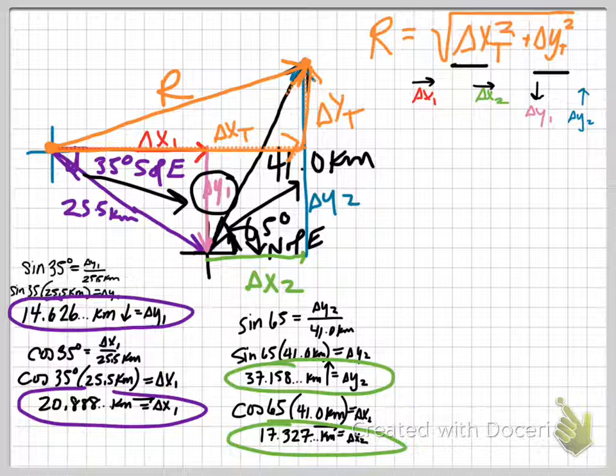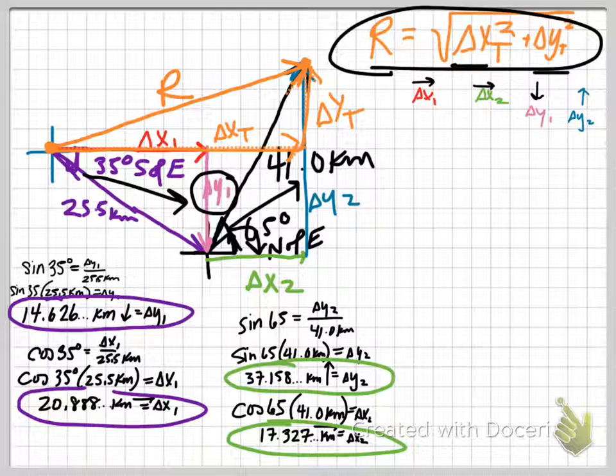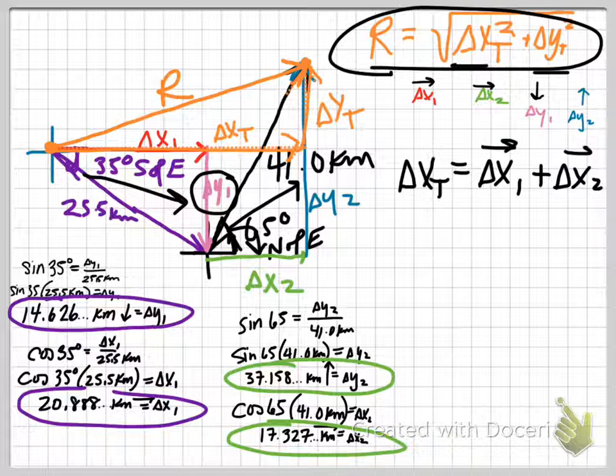Now, because I started off with this little thing right here, what I know is that I need to do this. Delta x total equals delta x1, which is that way, plus delta x2, which is also that way. Delta x total equals, and that's where I'm going to actually pull these numbers.